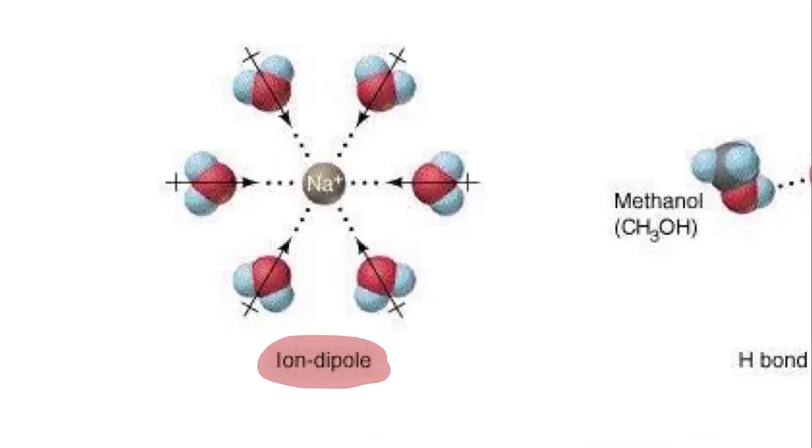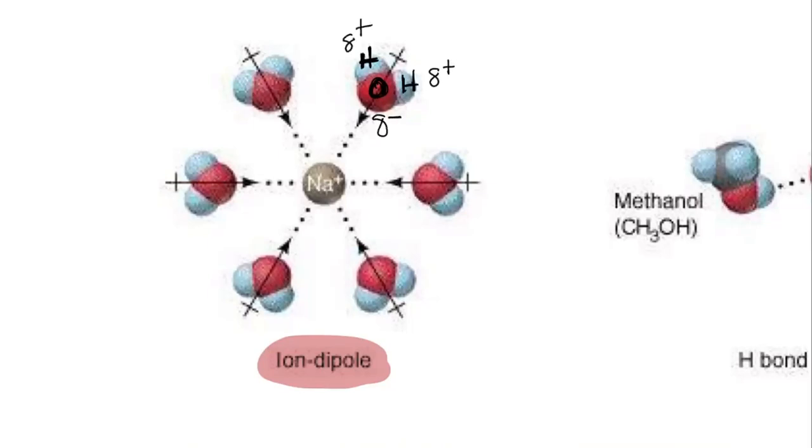An ionic compound that is able to dissolve in a polar solvent is going to do it because there's going to be a distinction in the charges. Remember that, for example, here these molecules are representing water, where this is the oxygen and this is the hydrogen. We learned some time ago that water as a molecule is polar, where the oxygen is delta negative and the hydrogen is delta positive.